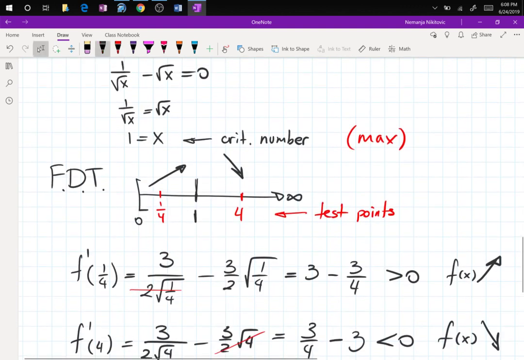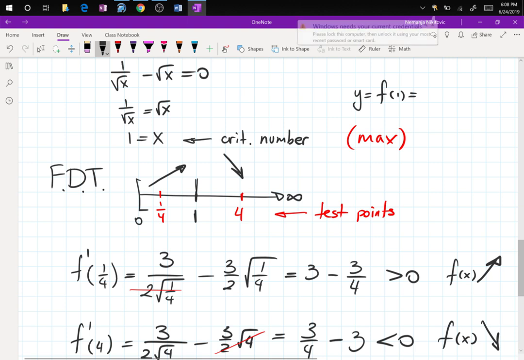Okay. So, yep, f of 1. Every time you need a y value, you have to use the original equation, because the original equation is y equals f of x. First derivative is y prime, but your points are not x comma y prime. Your points are x comma y. So every time you have to calculate any of the points on the original graph, that goes for min, max, inflection, any of the intercept points, any point you ever have to compute, you always have to plug that into the original equation, because the points are always x comma y, and the original equation is y equals the function.